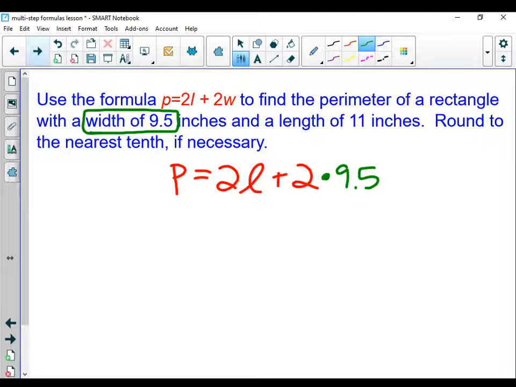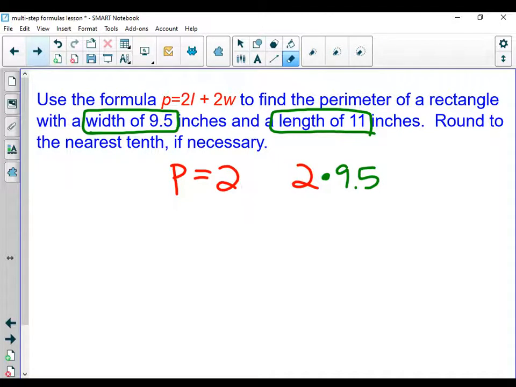Ellie, do you see anything we could substitute out? You can substitute the length and the width. Oh, look at that. Length. Should I undo anything? Like undo adding or subtracting?